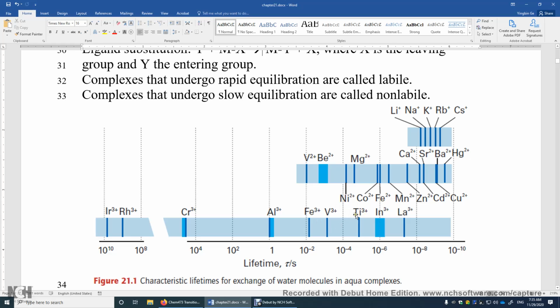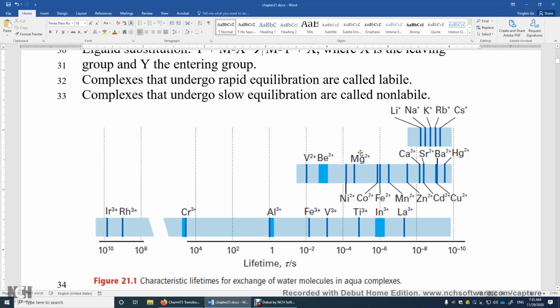Obviously, when you have a higher oxidation number, the electrostatic attraction between these ions and the water molecules is going to be stronger than with the 2+ transition metals. So that's why those 3+ transition metal ions are even less labile than the 2+ 3d transition metals.